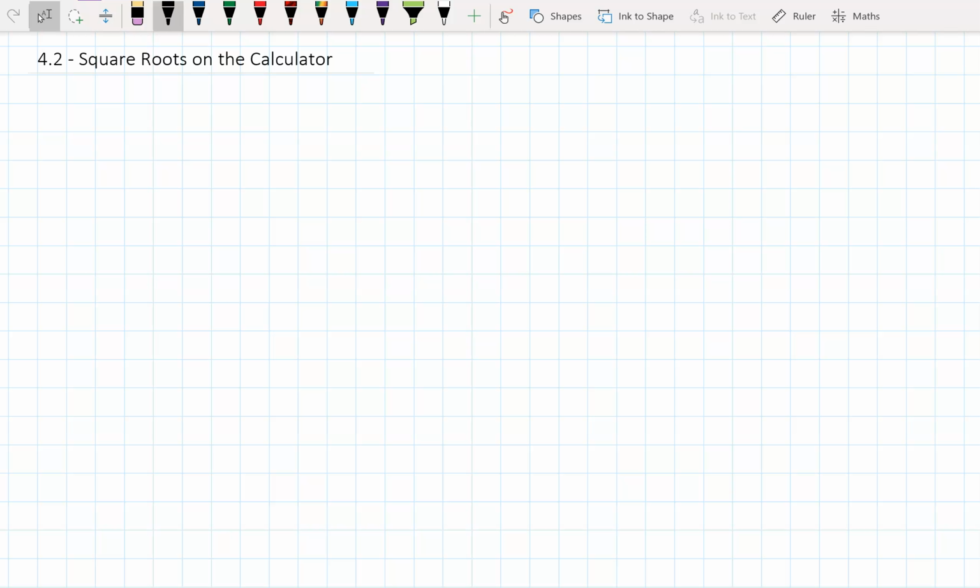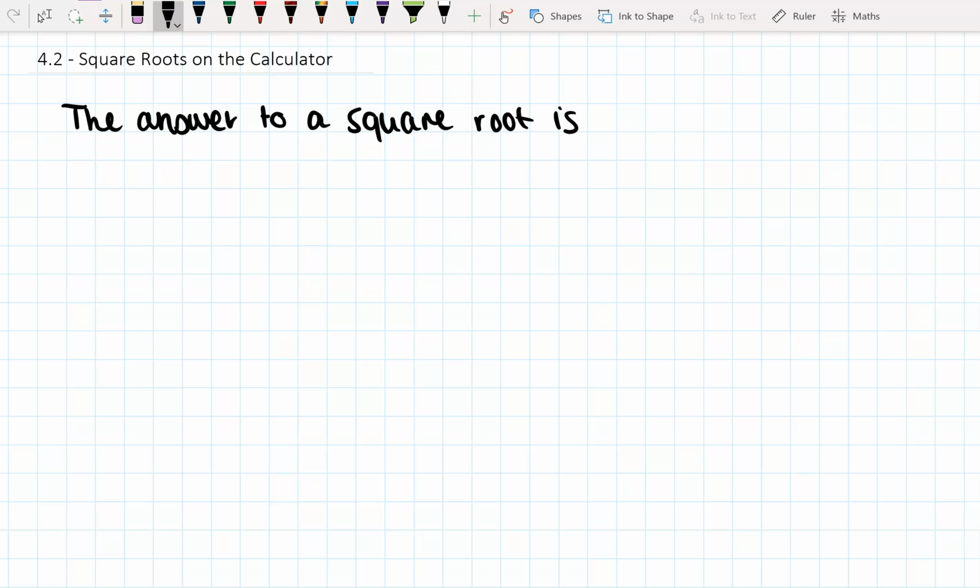Okay, so what we're starting with now is square roots. When we have a square root, the answer to a square root is a number that when you multiply it by itself will give the original number.